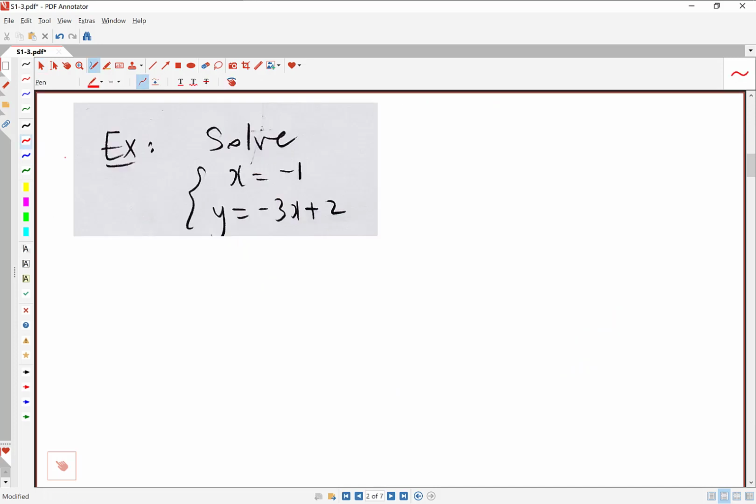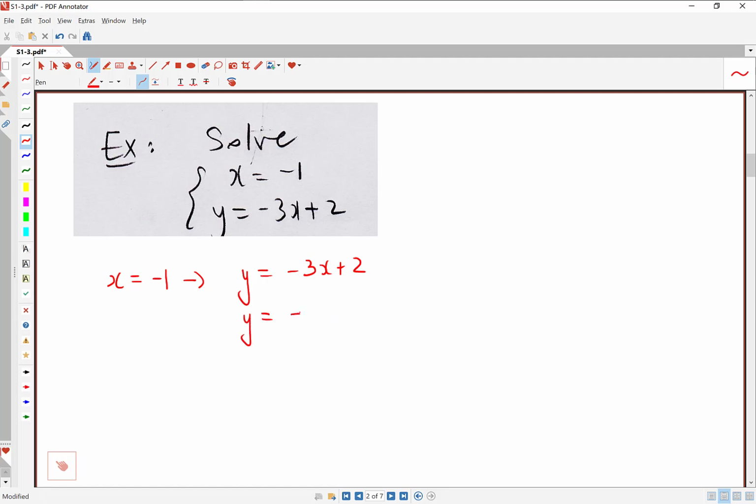Okay, let's try a second example of solving a system. This time we were given the x value right off the bat. So x is equal to -1, and then we've got an equation for y. To solve this, we're just going to take our known x value, x equals -1, and plug it into the second equation, y equals -3x plus 2, and that's going to lead us to our y value.